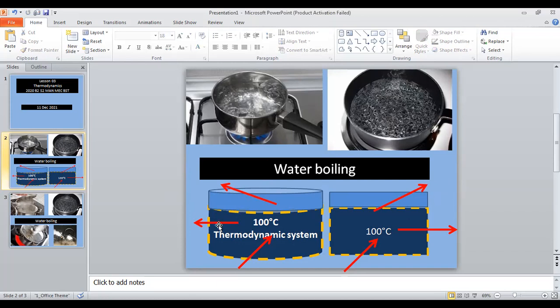Once we recognize the space identified with the boundary, you know what is the system and what is outside the system. This is the system; outside we call the surrounding.